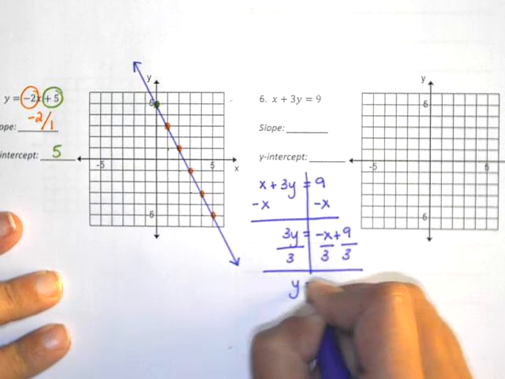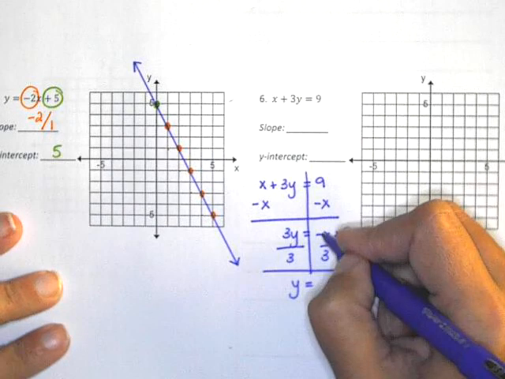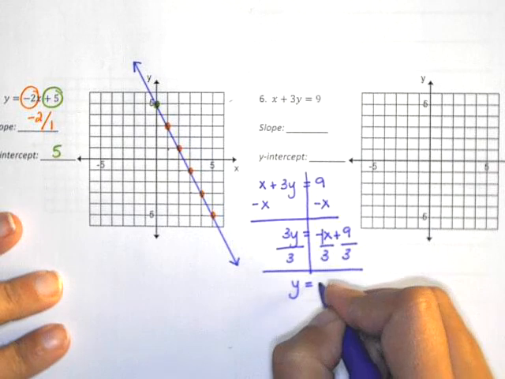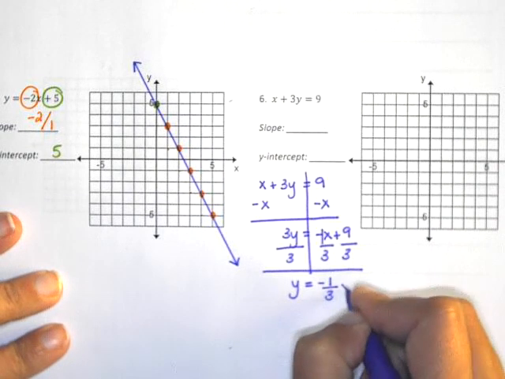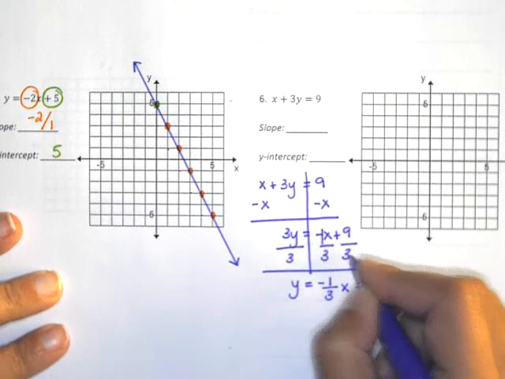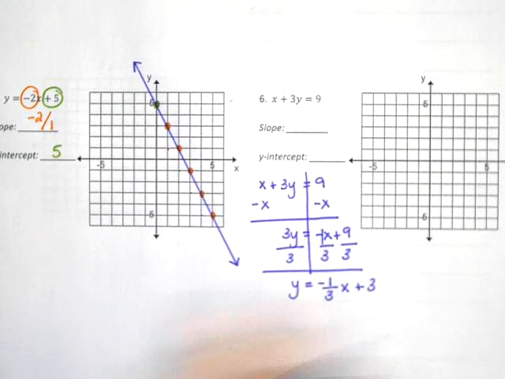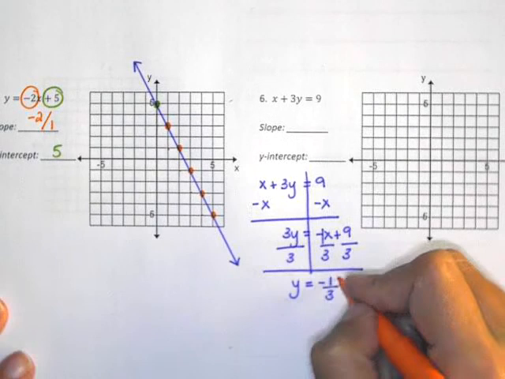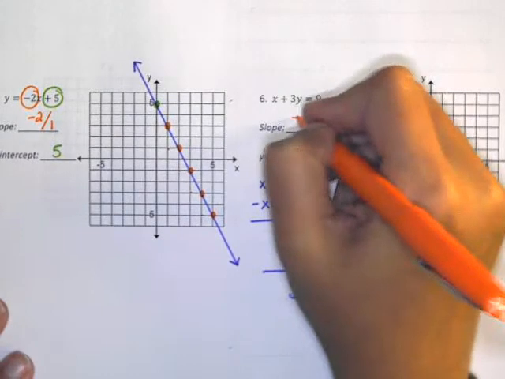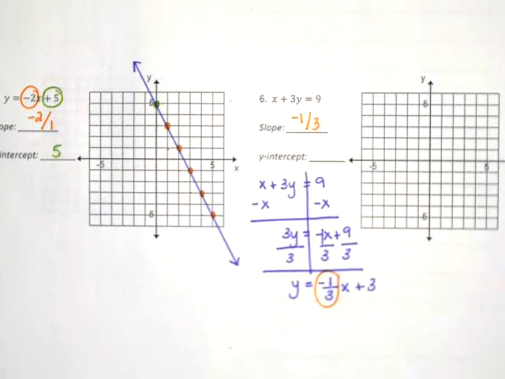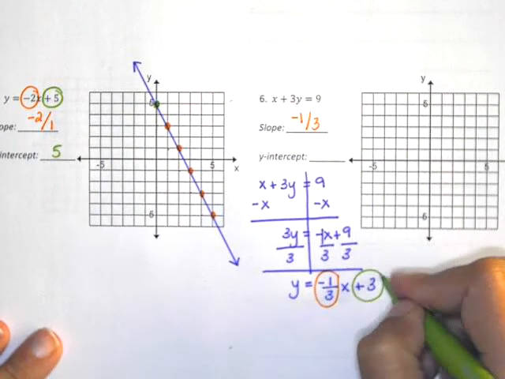So I get y equals, now the invisible number by the x is a 1, so I'm going to have negative 1/3 x plus 9 divided by 3, which is 3. Now based on this equation, negative 1/3 would be my slope, and my y-intercept would be 3.